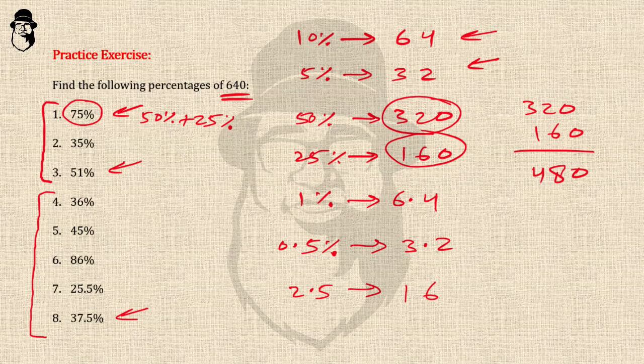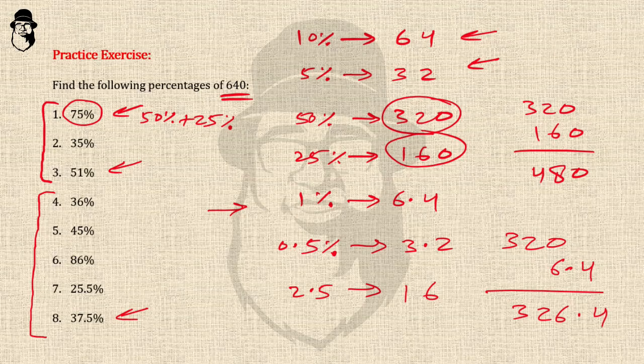Let's take 51%. We have 50%, 320, right? And we have 1% here, that is 6.4, and it's also very easy, 326.4, right?